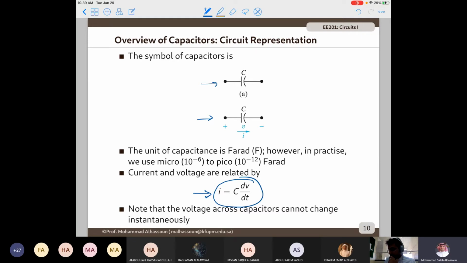The unit for capacitance is the farad, but in practice you will not see anything like 1 farad or 10 farad. You will see something very small, between 10 to the negative 6 and 10 to the negative 12 farad.